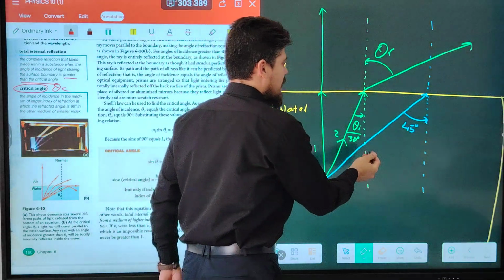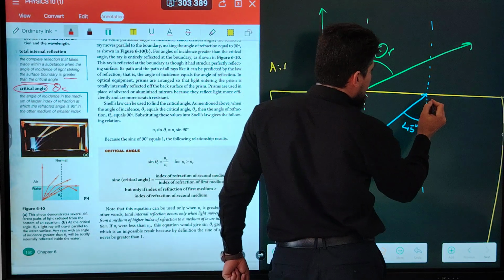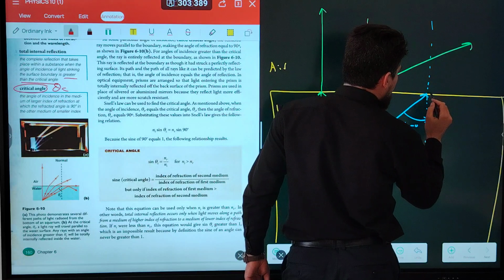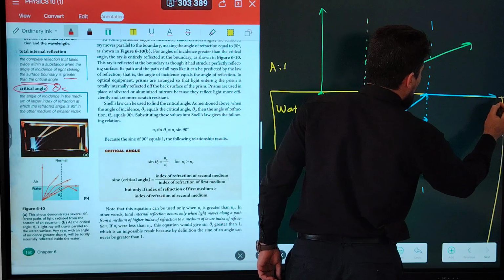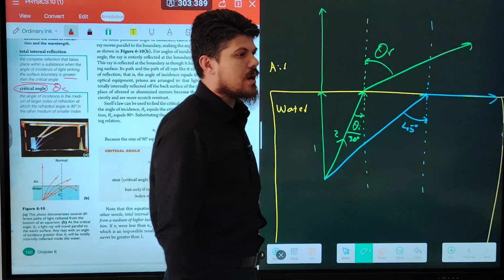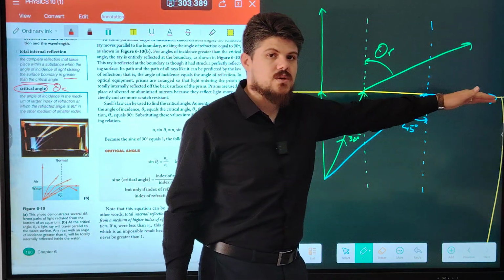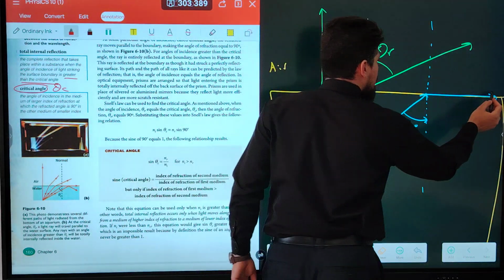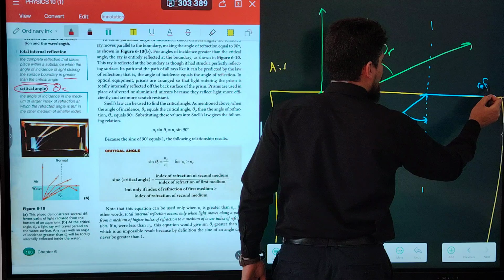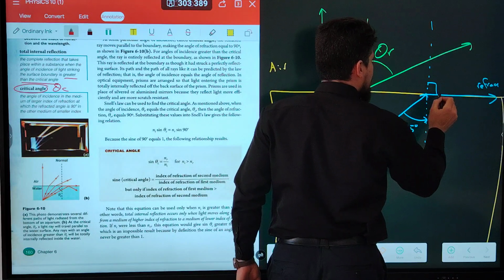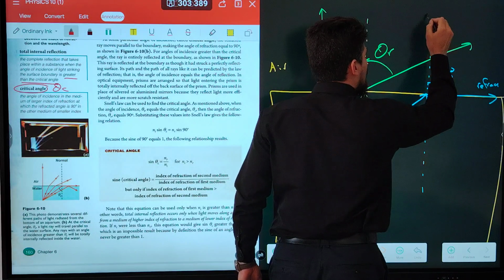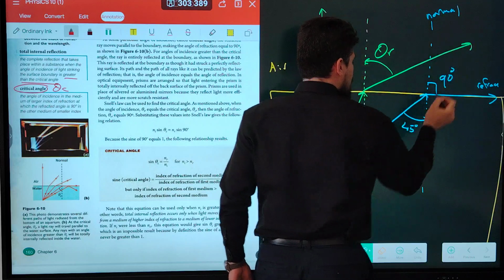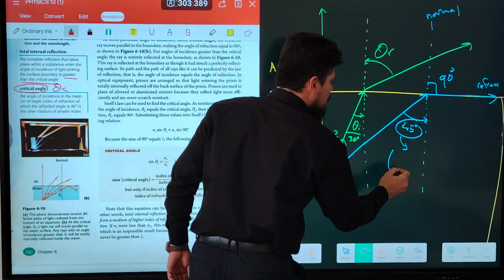If we increase the angle of incidence, the refracted ray will be along the surface, or along the boundary. So this is the refracted ray. It makes an angle of 90 degrees with the normal.